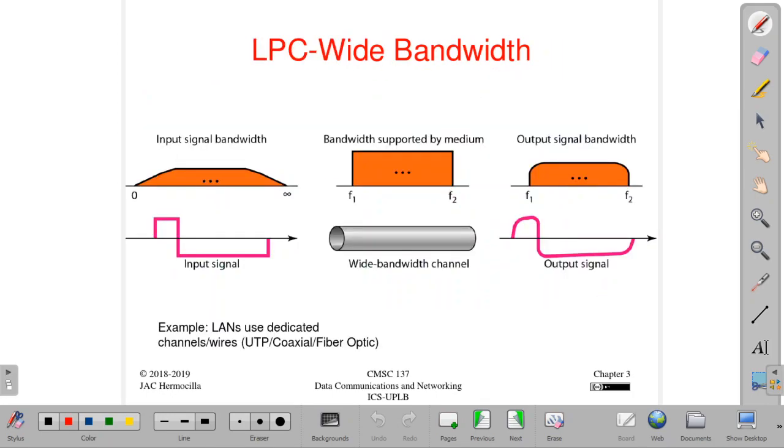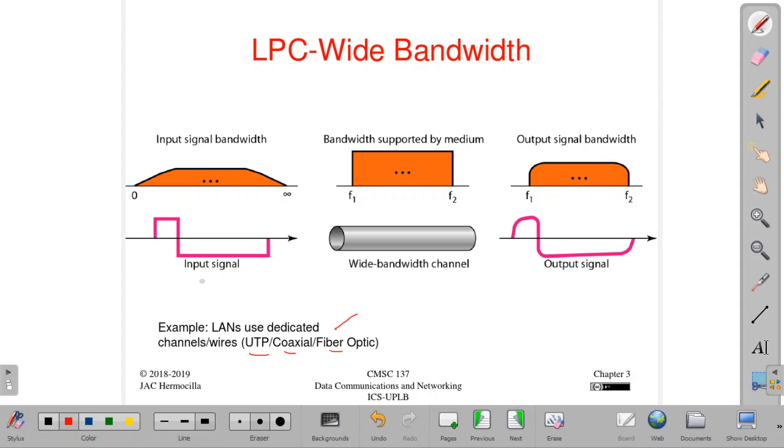So this is some illustration of a low pass channel with a wide bandwidth. Example used in local area networks: the cables used in local area networks like the UTP, the coax, and the fiber optic. These are examples of transmission media with low pass channel and wide bandwidth.